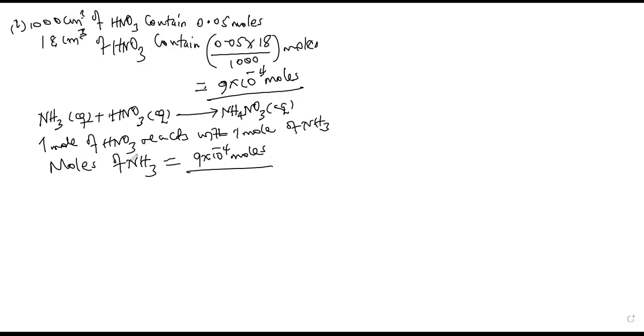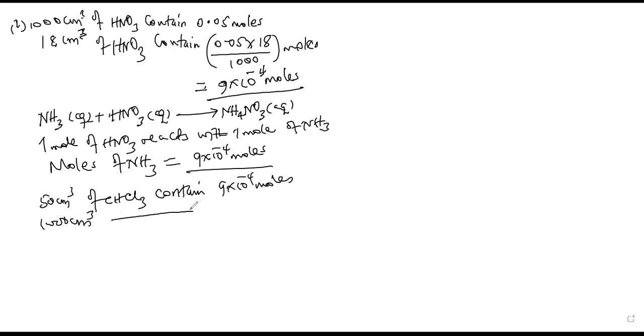So after getting moles of ammonia, they told me that 50 cubic centimeters of trichloromethane contain 9 times 10 to the power negative 4 moles. Then what about 1,000? This one will give me the concentration.